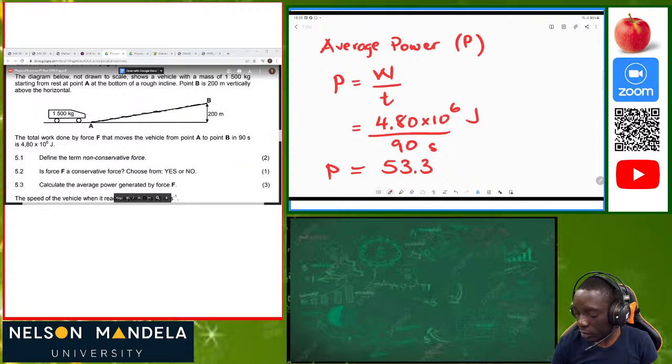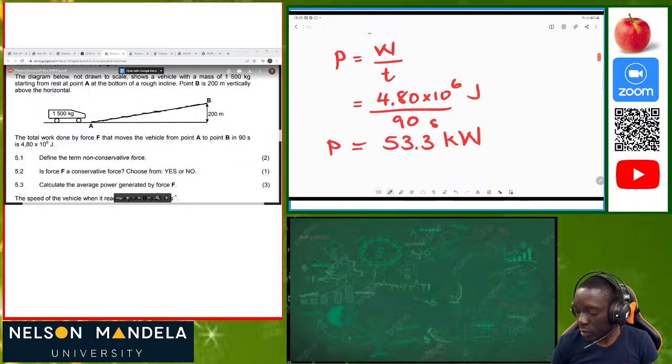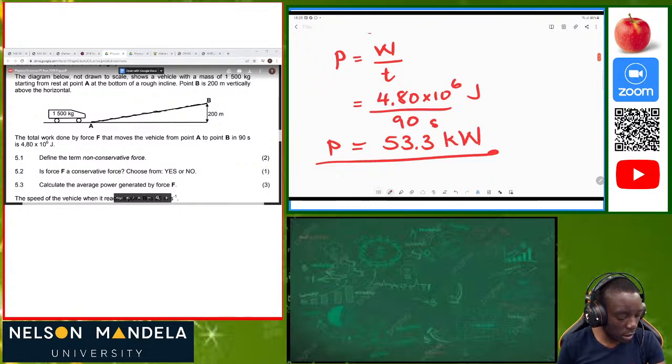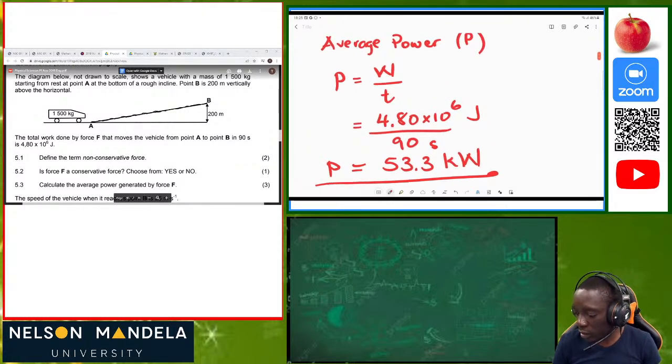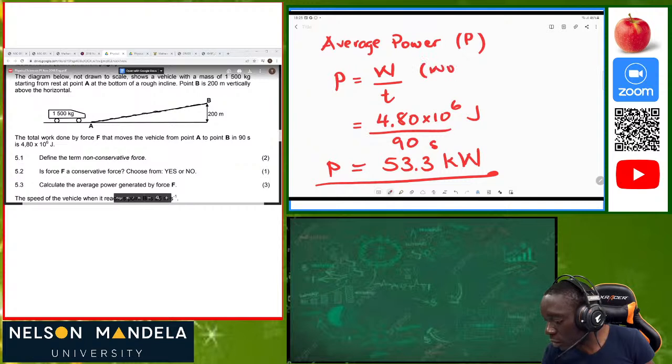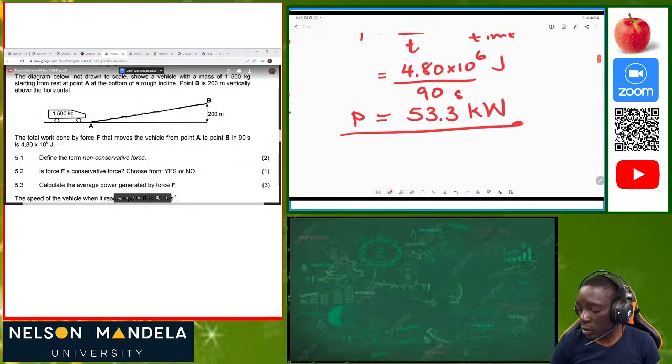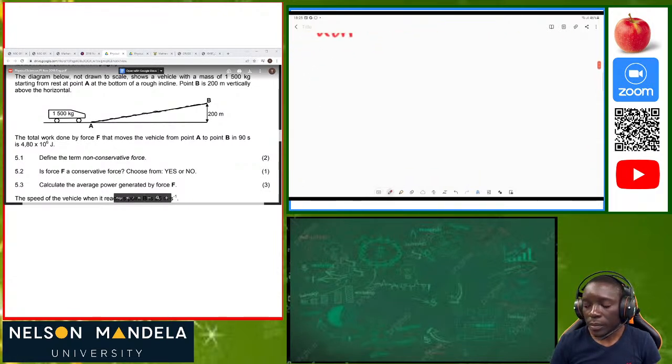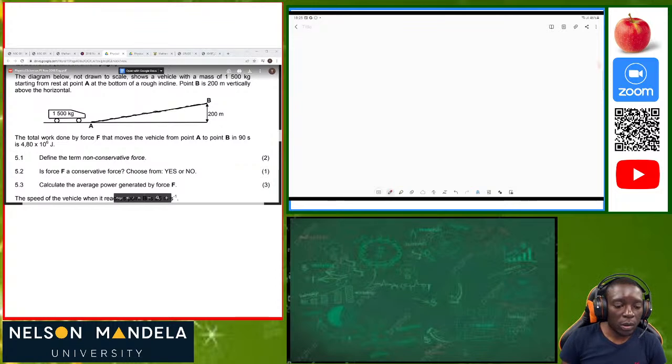So that's 53.3 kilowatts. You can also follow and do the calculation yourself and see what we have done. This is work done over time. That's a simple relationship for the power: total work done over time. Now, next question.